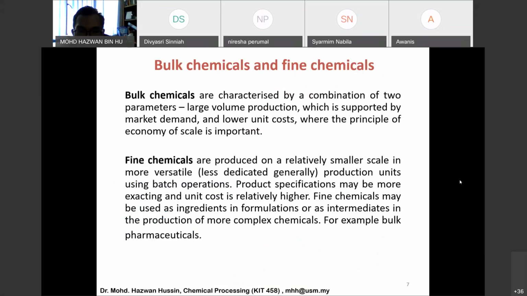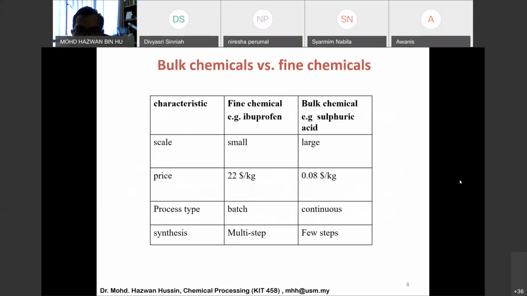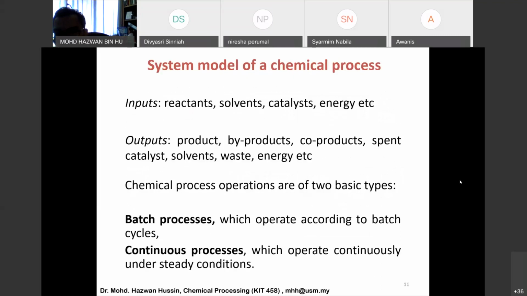Fine chemicals are chemicals produced on a smaller scale with high purity, but at the same time the cost is also very high. So the differences, you guys need to memorize. And today we are going to look at a system model for chemical processes.